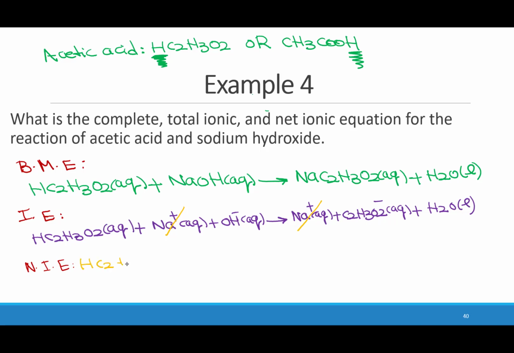The remaining is this, the remaining will be your net ionic equation. Okay, that's your net ionic equation for the reaction between acetic acid, which is a weak acid, and sodium hydroxide, which is a strong base.